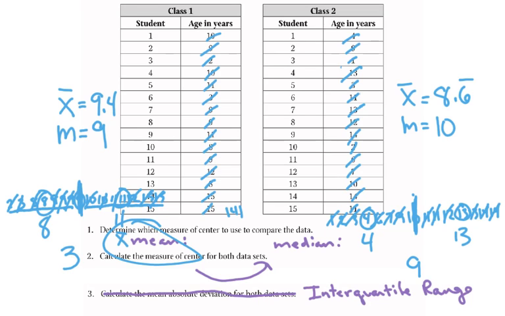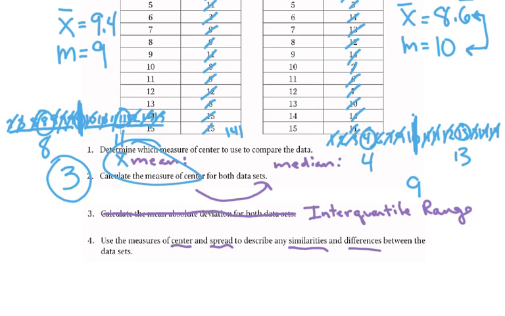So definitely class 2 has a higher variability, which we see in the higher difference in our median and our mean, whereas this interquartile range of 3 means it's not quite as spread out. So if we compare them, class 1 has a higher mean but a lower median than class 2.